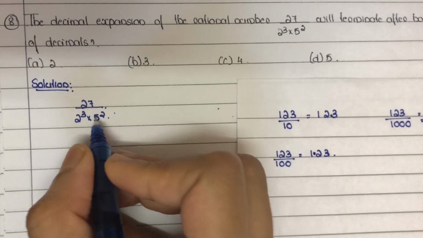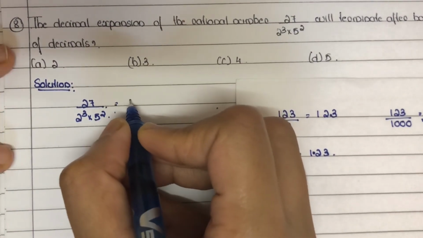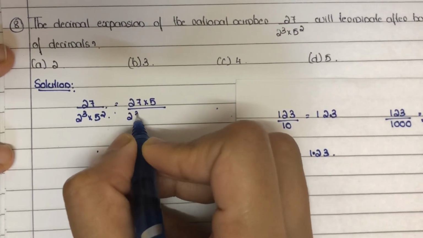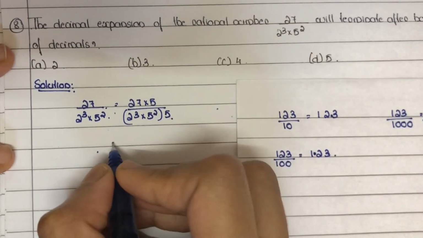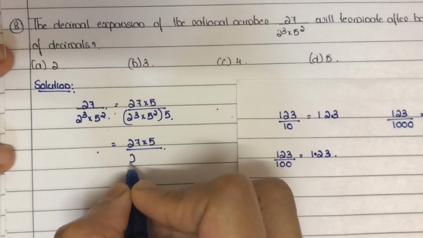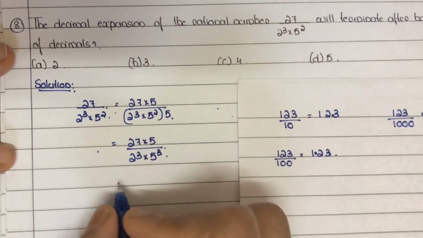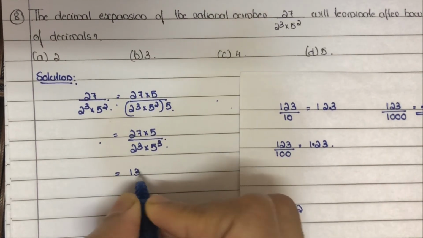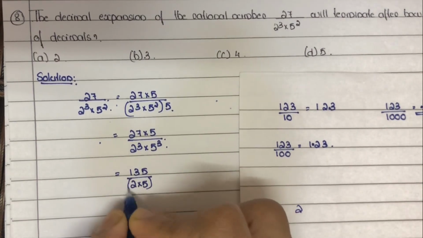Okay, so first step, multiply both numerator and denominator by 5. That is equal to 27 into 5 by 2 raised to 3 into 5 raised to 2 into 5. Okay, that is equal to 27 into 5 by 2 raised to 3 into 5 raised to 2 plus 1, 3. Okay, that's equal to 27 into 5, 135, by 2 raised to 3 into 5 raised to 3. This one we can write as 2 into 5 whole raised to 3.